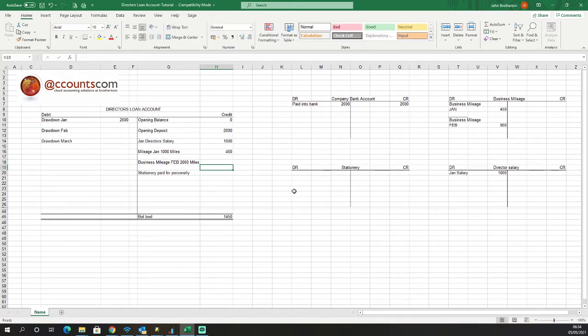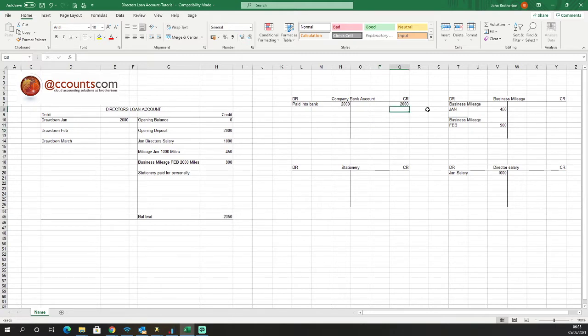So again, before we did that transaction, we're owed 1,450. At the point that the mileage gets recorded, we're now owed 2,350. So hopefully you can see how this interacts during the year. Now in February we may say, well, we're not going to take too much out this month, we're just going to take out £500.